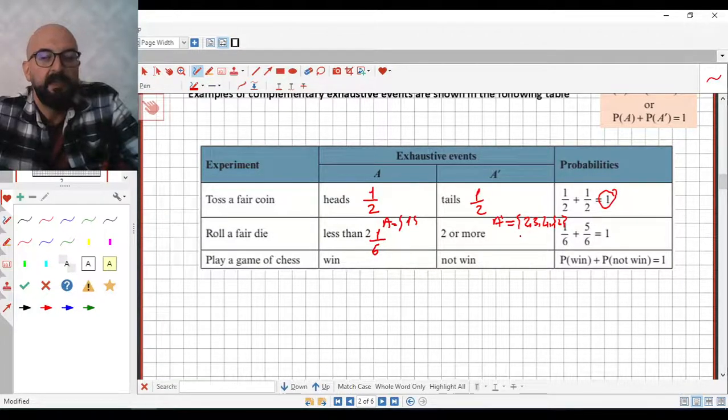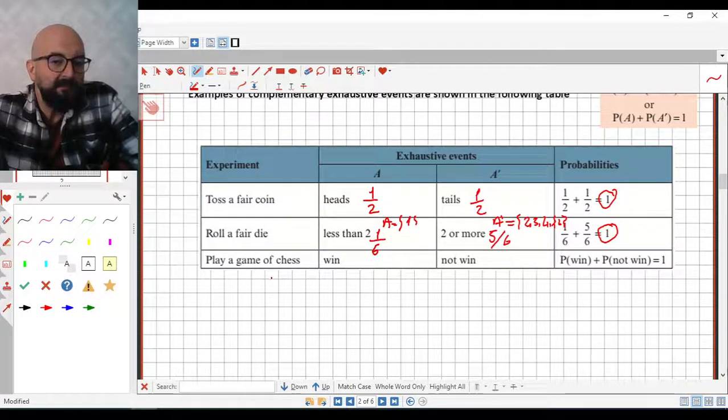So we have 5 outcomes, and the probability of the complement of A is 5 over 6. And the probability of A plus the probability of the complement of A is 1. Play a game of chess, win or lose. So the probability of win plus the probability of lose is 1.